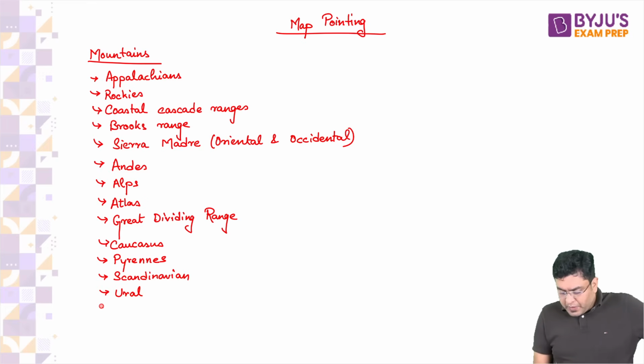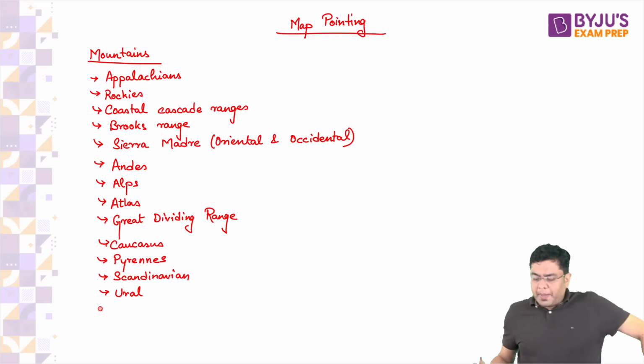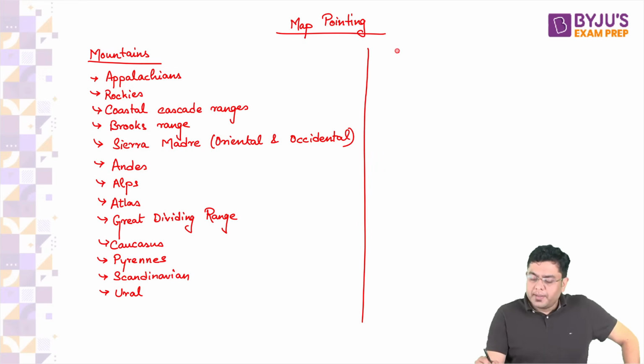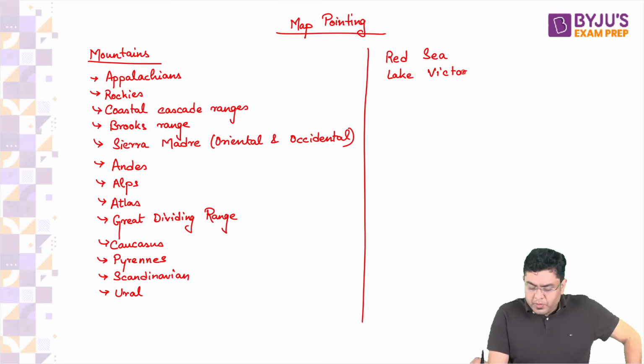Look at these particular mountains and also simultaneously look at the Red Sea, then Lake Victoria, then Lake Tanganyika, right?